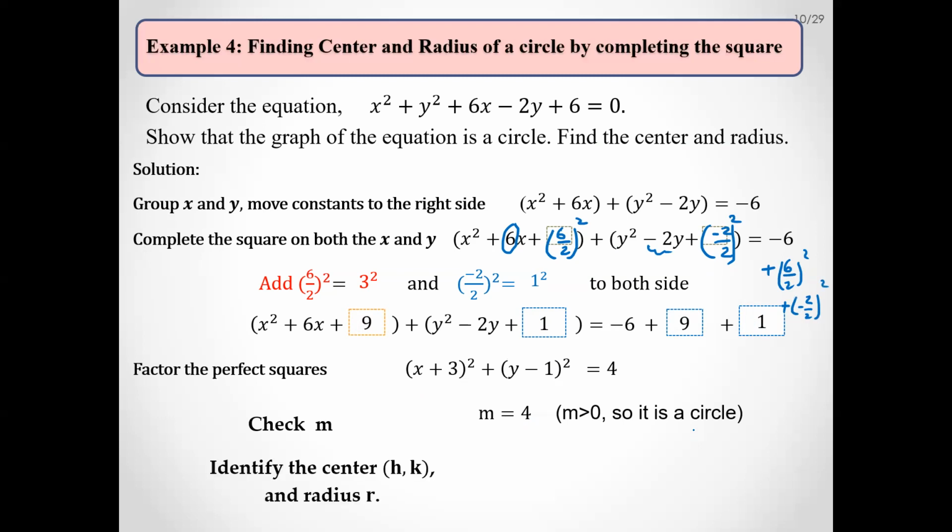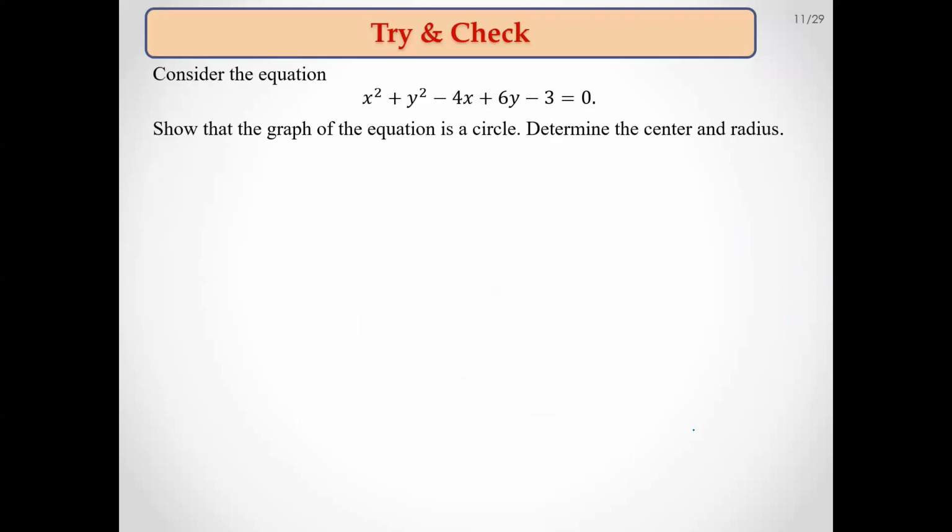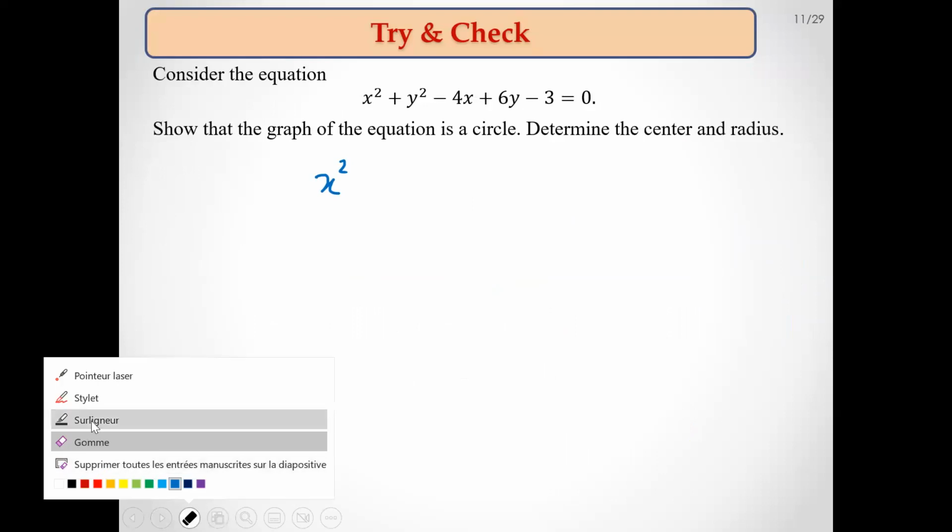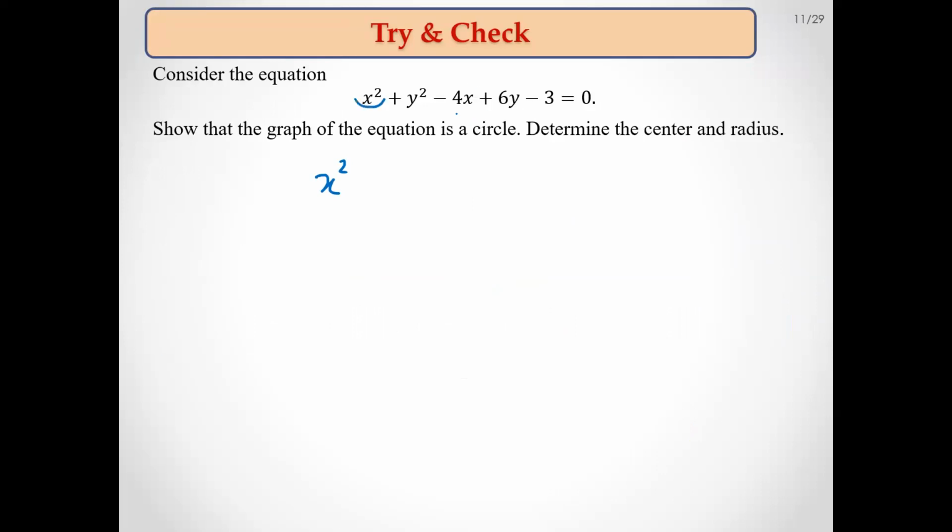خلينا نشوف مثال آخر. السنتر هو minus 3 1 والراديوس هو 2. خلينا نشوف شو رأيكم في المعادلة هذه. So again we collect all x's together. So عندنا x square وعندنا minus 4x.